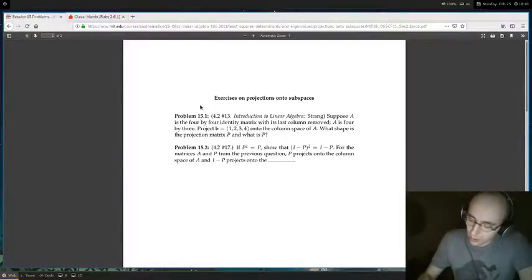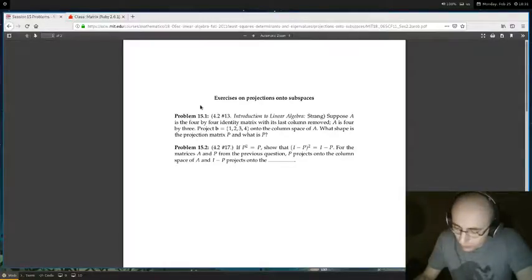Project b equals 1 2 3 4 onto the column space of A. What shape is the projection matrix, and what is b? So the projection matrix is a square matrix, 4 by 4, because otherwise you won't be able to project anything onto it. What is the column space of A?